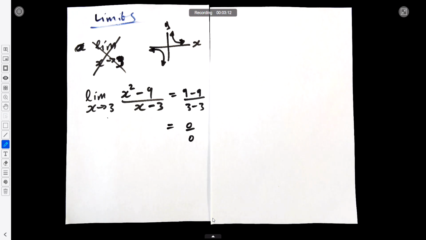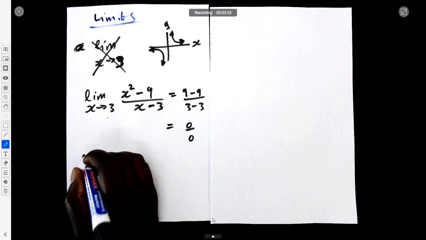Even when you punch it in your calculator, it says error. So we need to try and define the function, its asymptote, at which point it will tend to infinity, because this error sometimes represents an infinity. So we have an indeterminate form there.